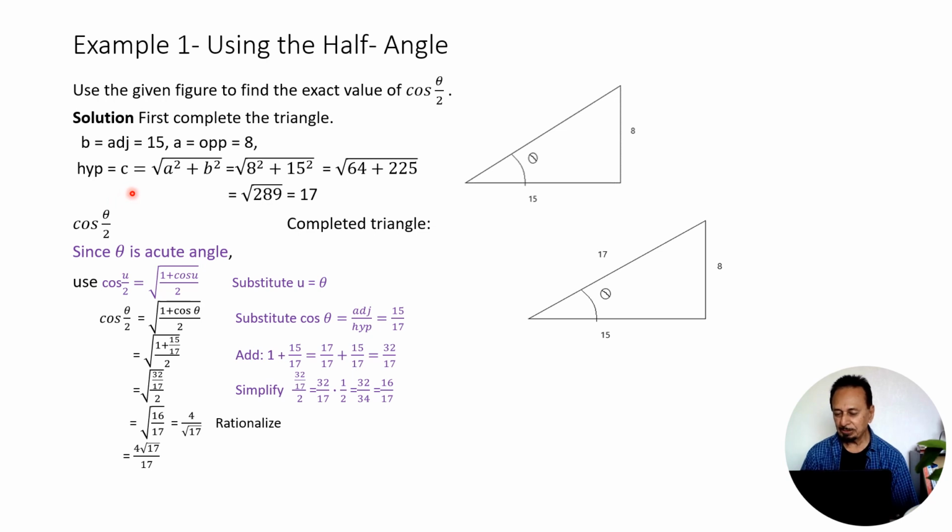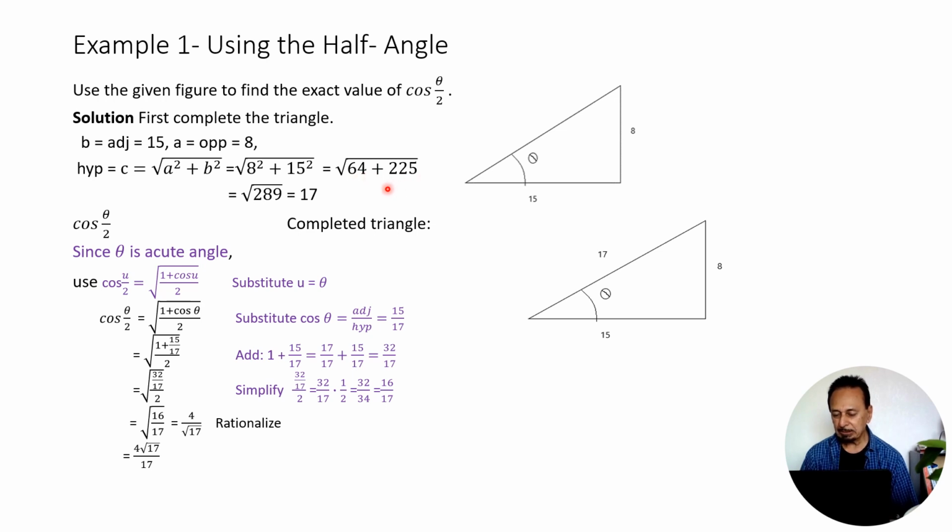And the formula for C from the Pythagorean theorem is the square root of A squared plus B squared. Now we substitute A is equal to 8, B is equal to 15. So it becomes the square root of 8 squared plus 15 squared. 8 squared is 64 and 15 squared is 225. So now we have the square root of 64 plus 225.